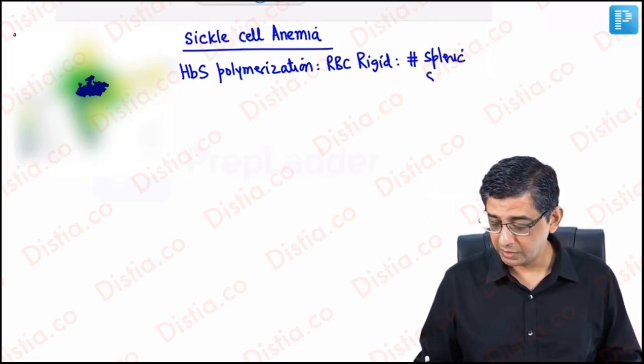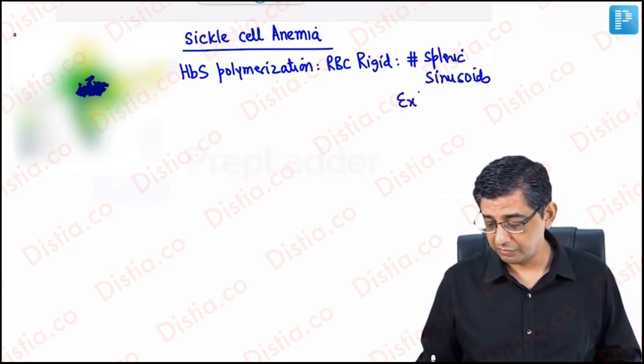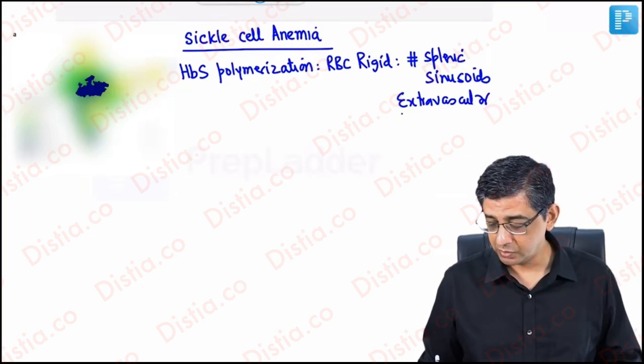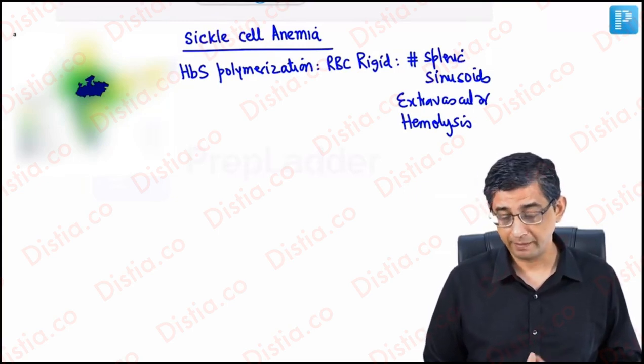Therefore, even in this condition, I'm using the word extravascular hemolysis, which is explaining the fact that there would be anemia occurring in this case. The previous examples of extravascular hemolysis that I have taught you are thalassemia and hereditary spherocytosis.